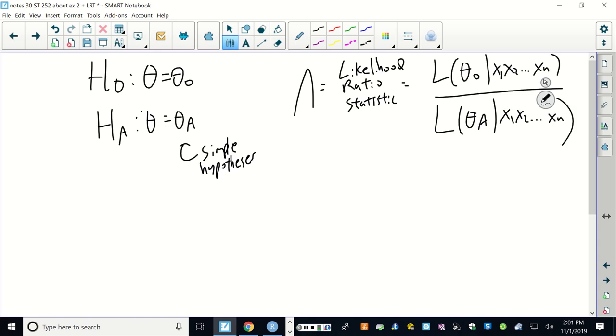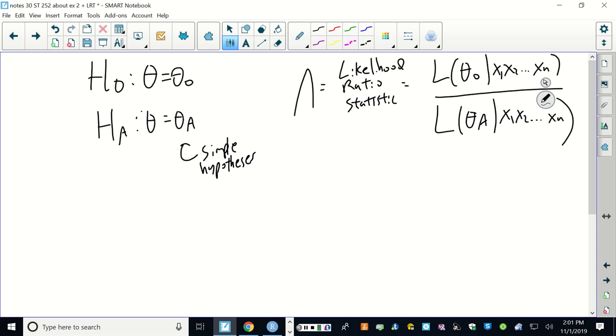So we're going to see the likelihood value there. You could take the differences, but we're going to take the ratios. There's a reason we take the ratios in terms of some statistical theory later on, and a limit, right? Right. But the likelihood will be big if theta 0 is good, right? Or this one will be big if theta A is better, right?